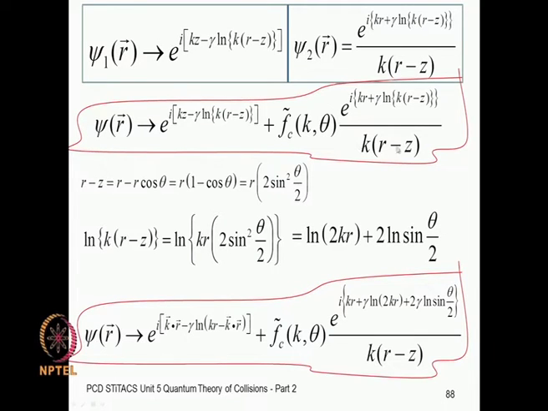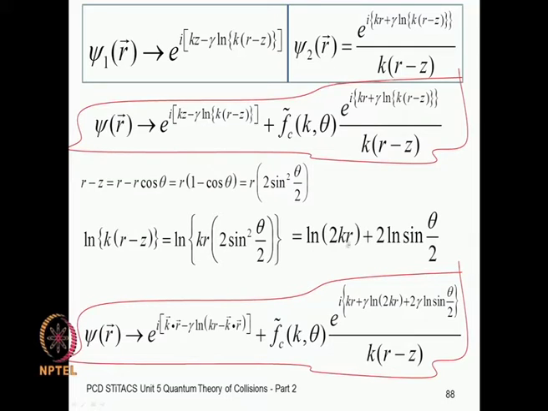So these two terms add up, and if you now see, we will consider the solution which is a superposition of these two terms, and here instead of this r minus z I have exploited this twice sine square theta over 2 and then this logarithm which is written as a sum of these two terms. So that is what gives me these two terms over here. So this e to the ikr is coming straight out of this term, and from this gamma times this logarithm I have these two terms.